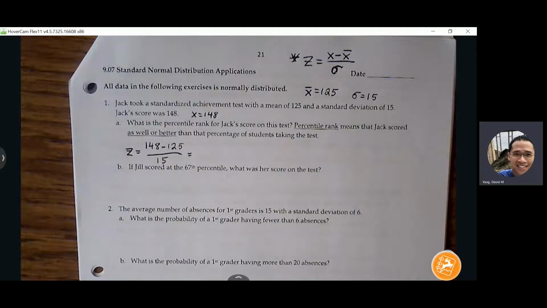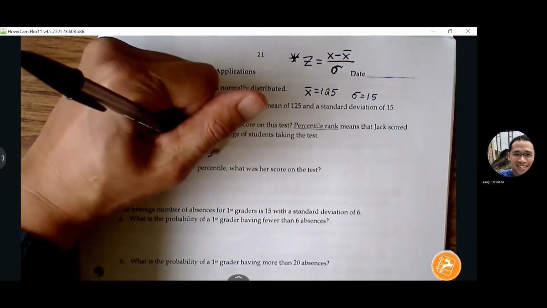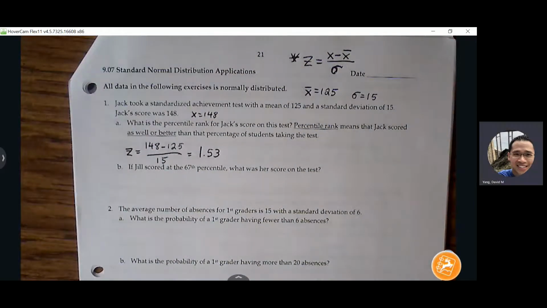Okay, use your calculator. 148 minus 125 over 15.